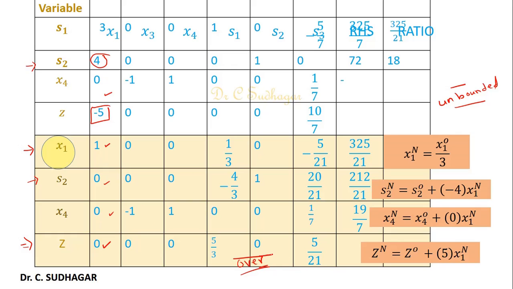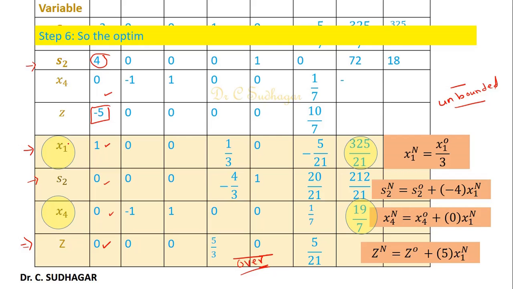Now over means, where is the answer? Take out this x1, the x1 value from here is 325 by 21. Then in the basic column x4 is there, so the x4 value is 19 by 7. What happened to x3? There is no x3 here.